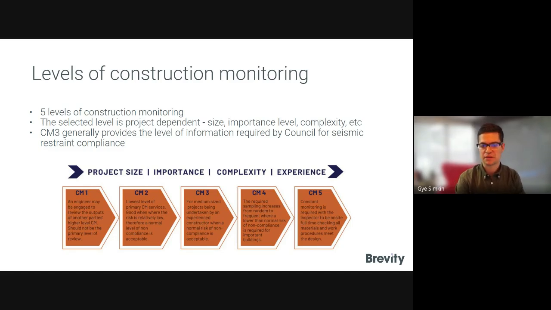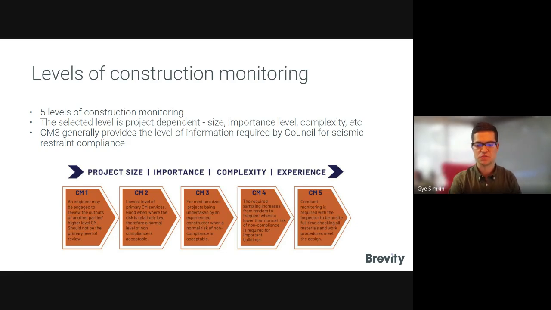Brevity engineers recommend sampling in the CM3. They'll sample 1/3 of each design component, and we ensure that these samples are randomly selected throughout the building to ensure consistent workmanship throughout. When you jump up to CM4, this is where a lower than normal risk of non-compliance is acceptable, and engineers will inspect 2/3 of each design component.